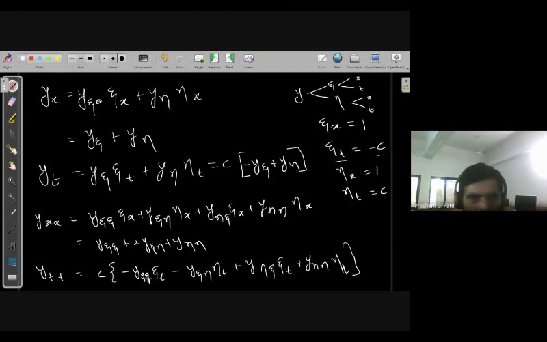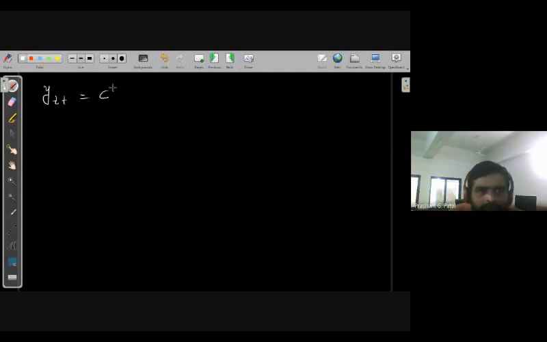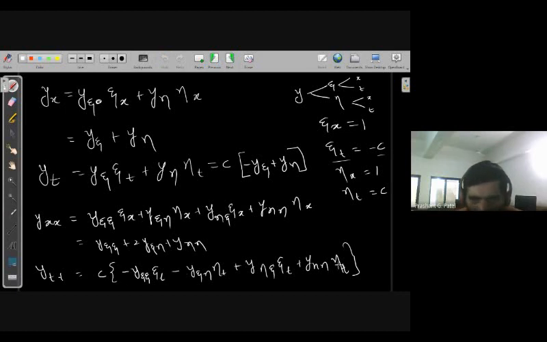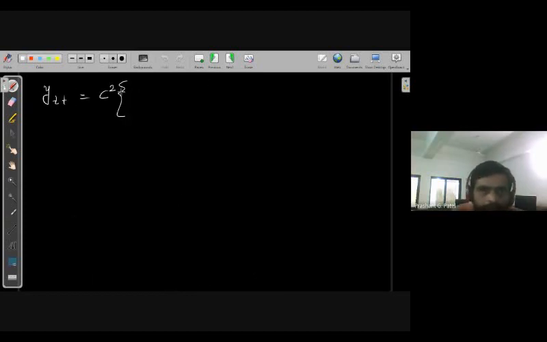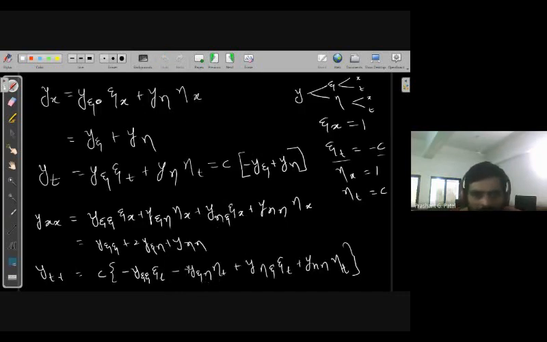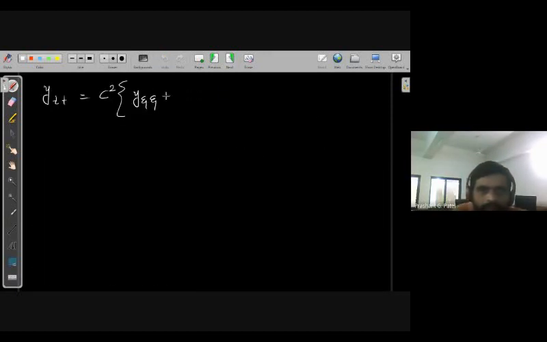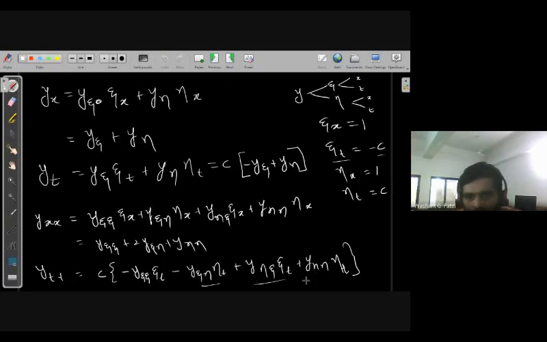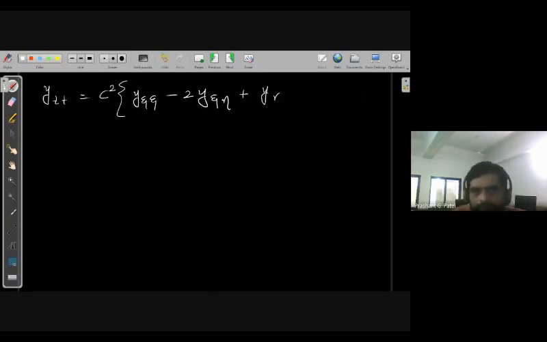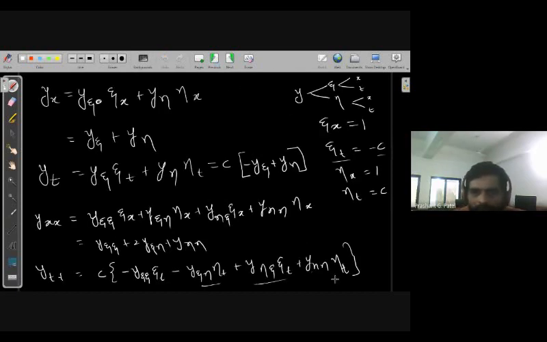So y tt is c square into, because every time c comes up, y xi xi, y xi eta and y eta eta, which combined gives me y xi xi minus 2 times y xi eta plus y eta eta. So this is the quantity left.